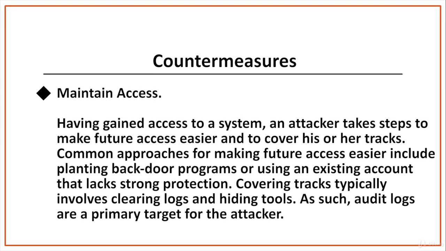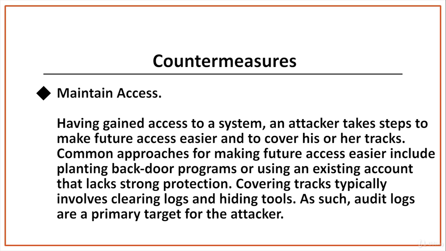Maintain access. Having gained access to a system, an attacker takes steps to make future access easier and to cover his or her tracks. Common approaches for making future access easier include planting backdoor programs, or using an existing account that lacks strong protection.